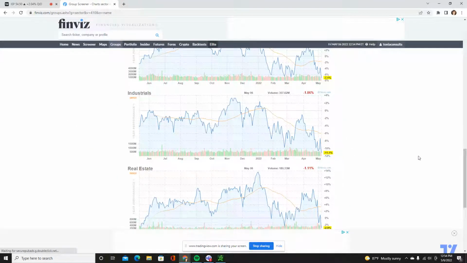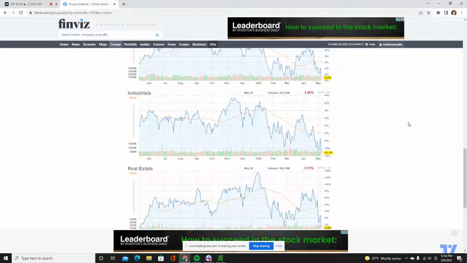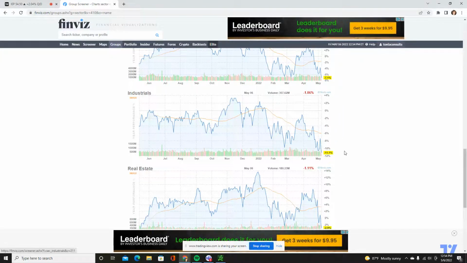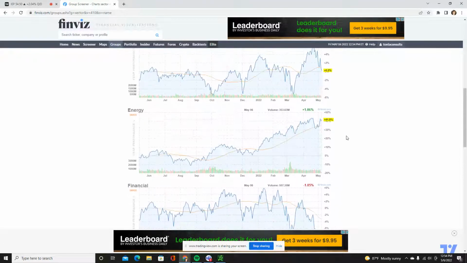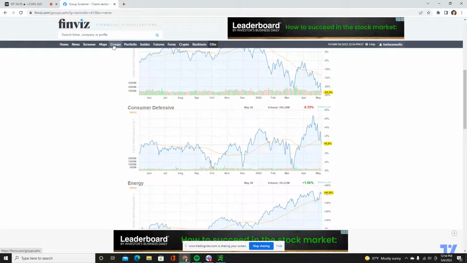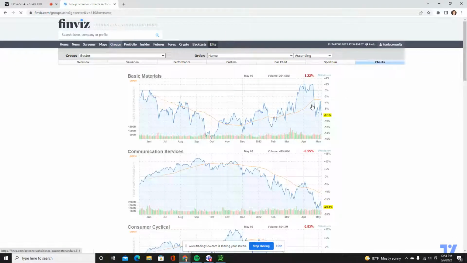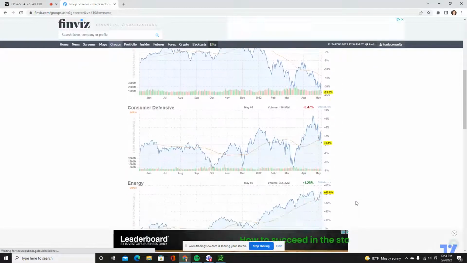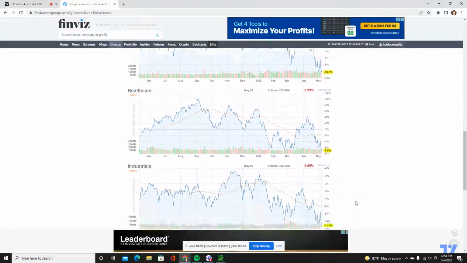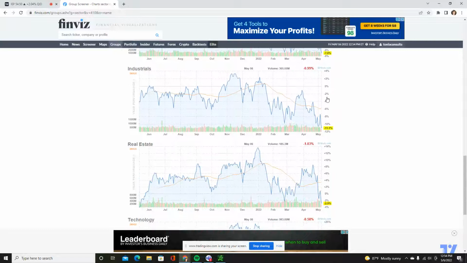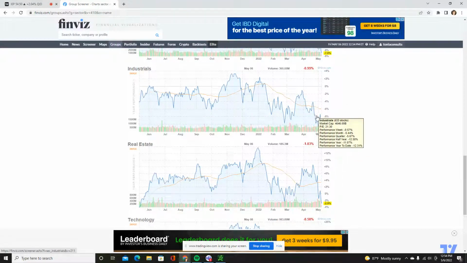The third thing I would look at when I'm looking at a stock is keeping in mind the group strength. And I like to go to Finviz and look at group strength. I just go to Finviz, groups, and then I go to charts, and I can scroll down to the industrials, which this is in. And I can see that the 50-day moving average is pointing downward.